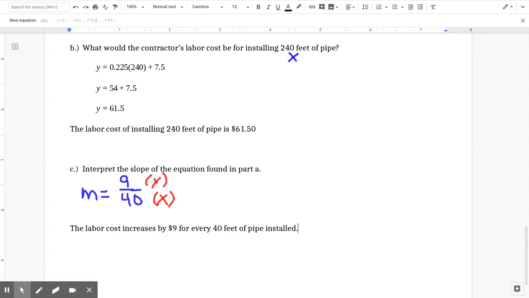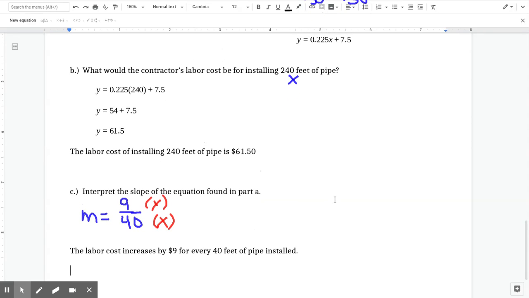When we initially talked about this, we did talk about rate of change going up for every 1 unit of installation. So I'll take back what I said earlier. We could interpret this using our decimal value as well, as long as we're careful about it. If we talked about the slope value of 0.225, we could say the same thing using different numbers.